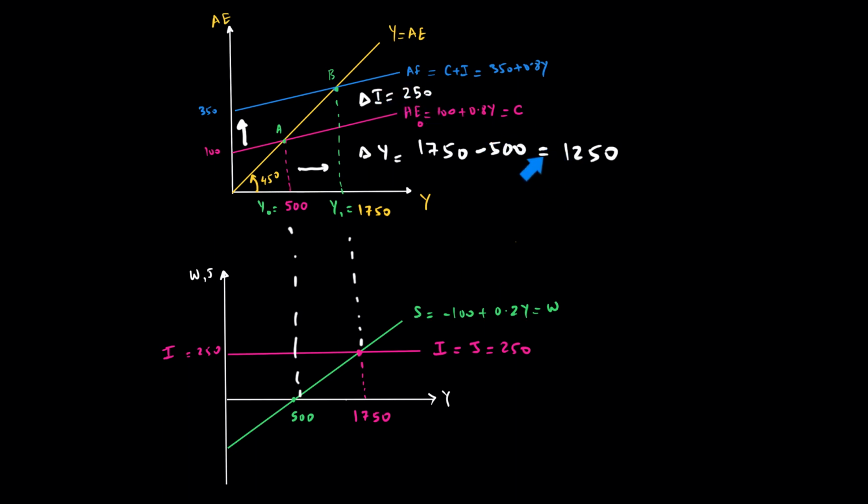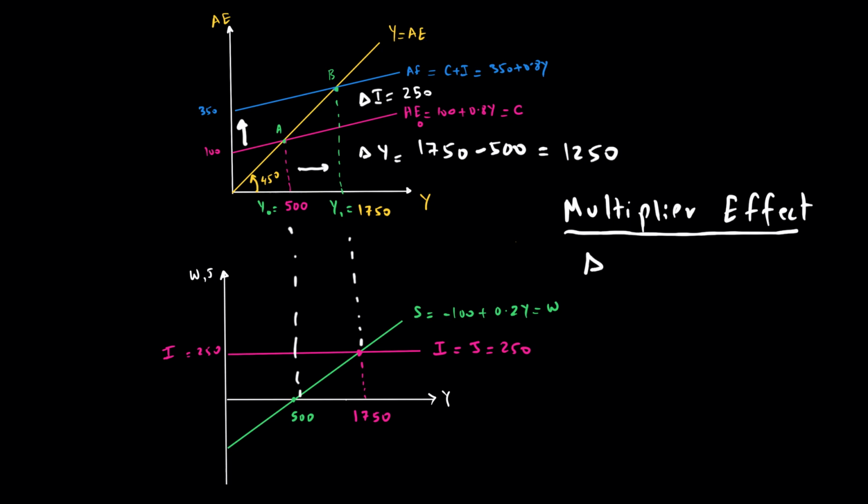And this is basically what we call our multiplier effect, where we'll see that the change in GDP is more than the change in our aggregate expenditure. So change in AE leads to a more than proportionate change in GDP.